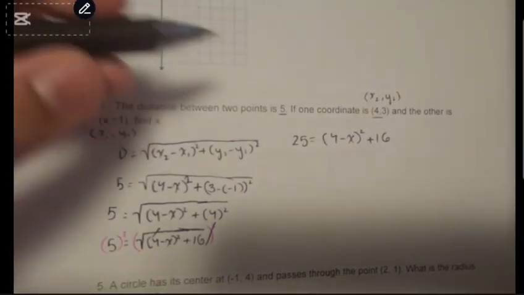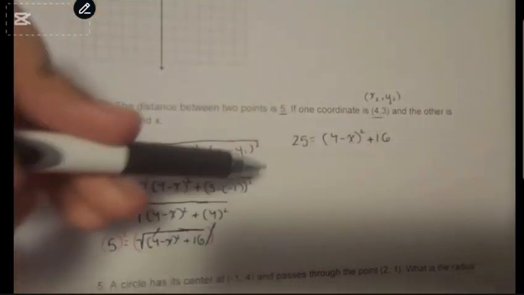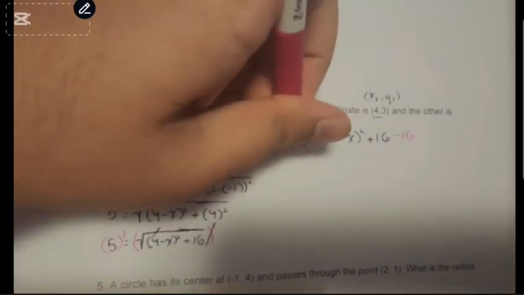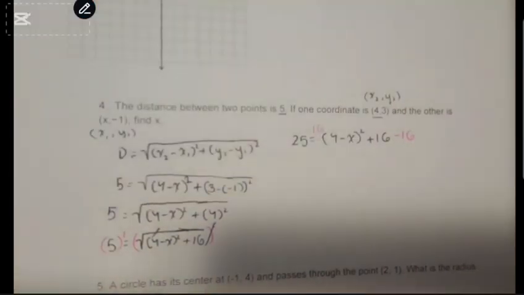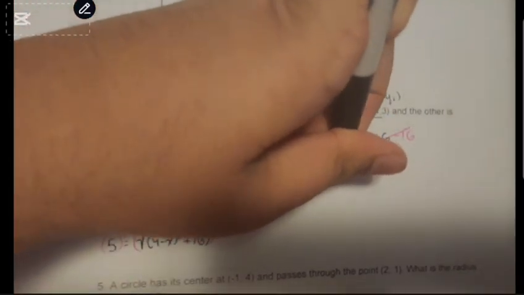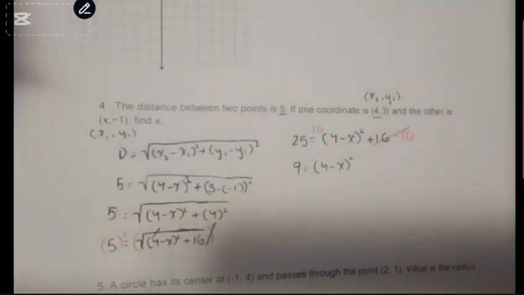So now we need to bring this to the other side, so we can minus 16 from both sides. Okay, and then this will cancel out, and 9 is equal to 4 minus x squared.